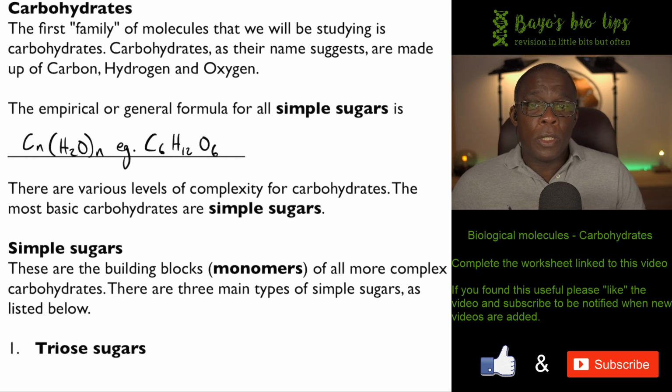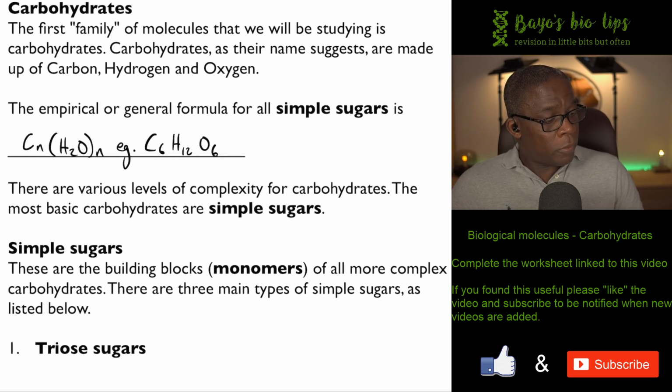So the ratio is 1 to 2 to 1. So for every carbon atom, you'll have 2 hydrogen atoms and 1 oxygen atom in the same ratio as the carbon atoms.